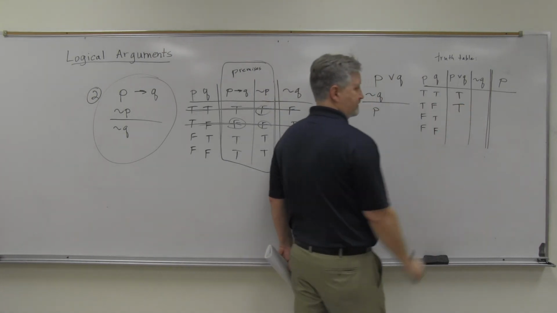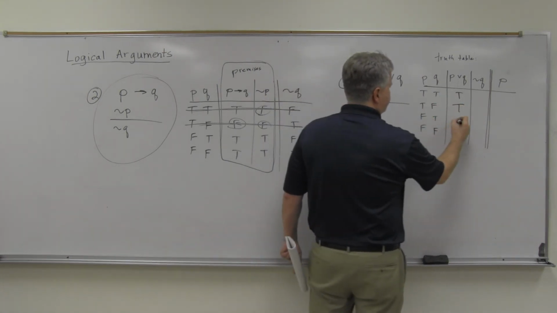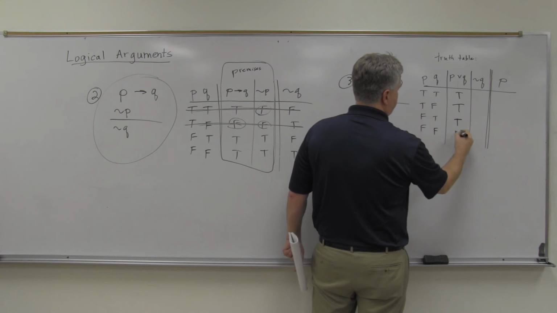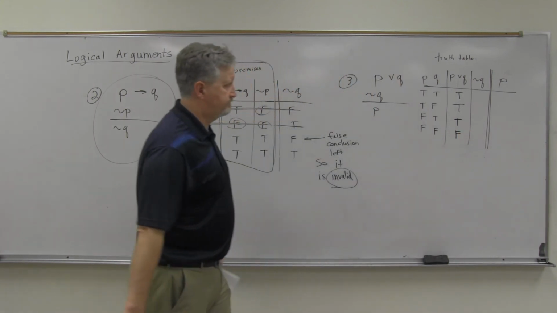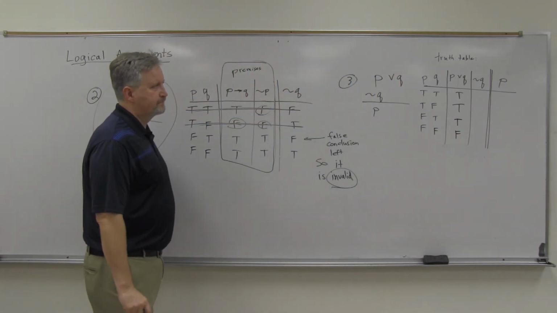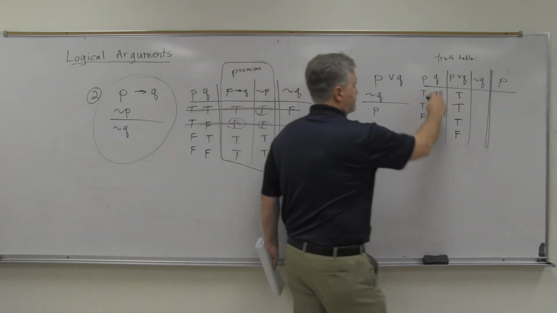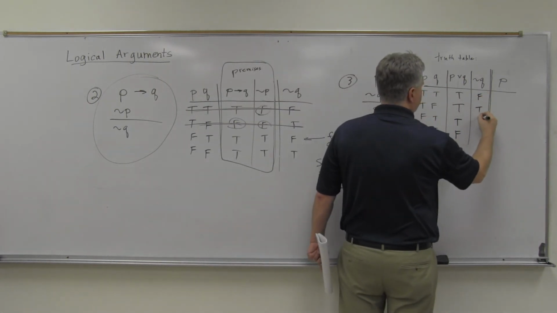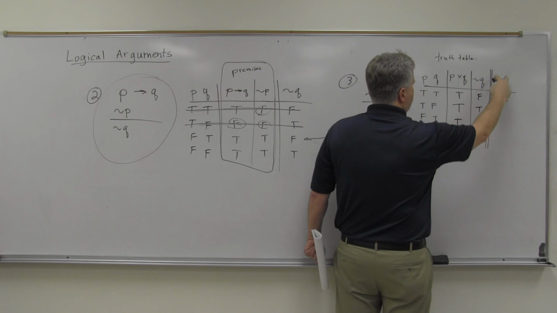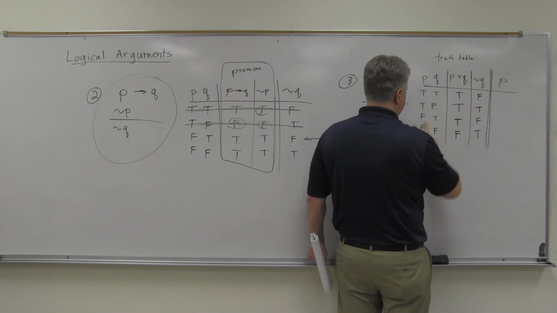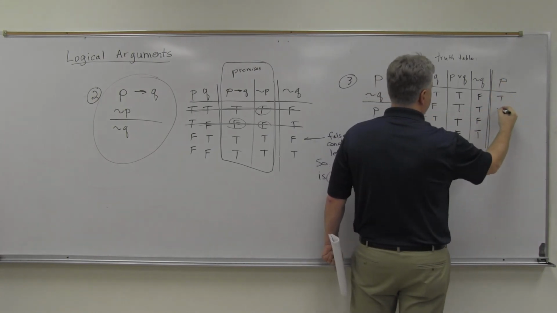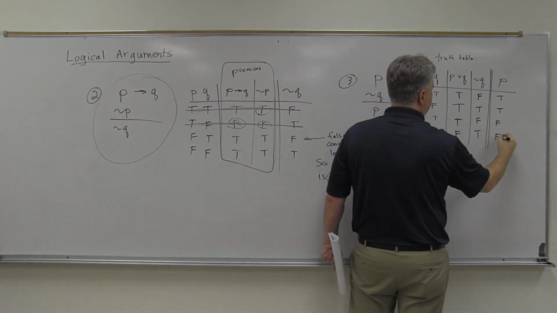Or is true if one of them is true. False or true, that's true. False or false, that's the only time or is false. With me there. Then I've got not Q, the opposite of the Q column: false, true, false, true. And then the conclusion is just P, so copy the P: true, true, false, false.